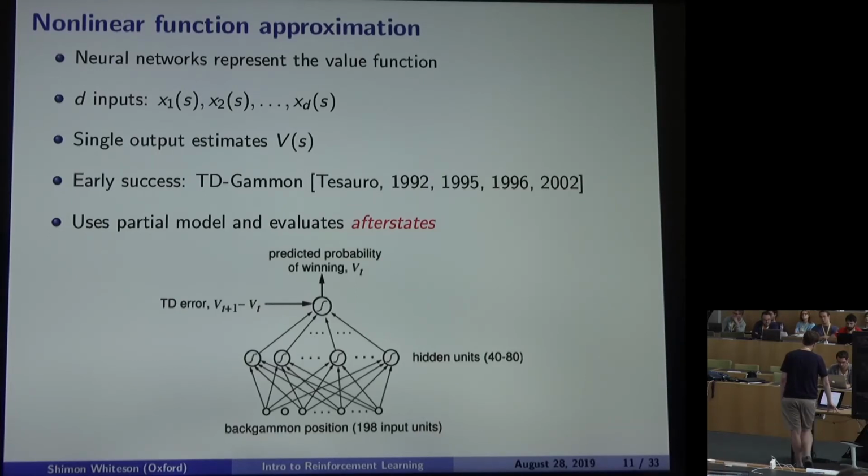a world-class level. He had a number of different versions of the system which differed basically in how clever the feature engineering was. The initial system used really just raw input describing the board, and then he developed more sophisticated features, and those resulted in significant improvements in performance.